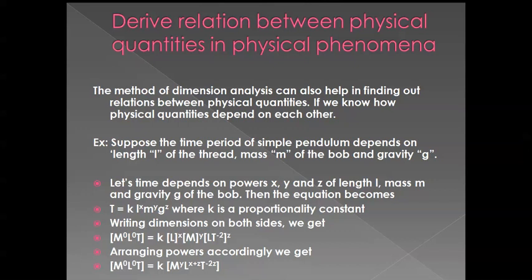So x plus z equal to 0, and minus 2z equal to 1. So z equal to minus 1 by 2. If you simplify this also, x equal to plus 1 by 2.